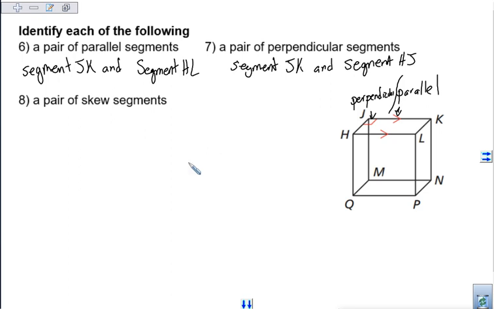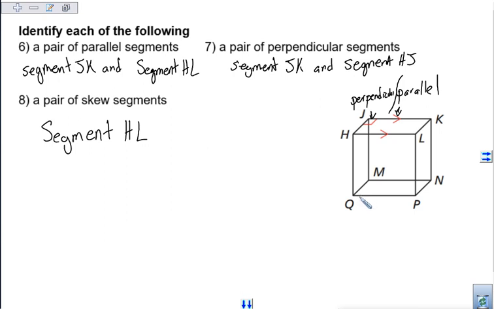And then we want a pair of skew segments, so it doesn't really matter what I put down for the first one, so long as the second one is not parallel with it, is on a different plane than the first one that I put down, and doesn't intersect it. So if I put down segment HL, this top one, I don't want anything that's on the same plane with that segment.